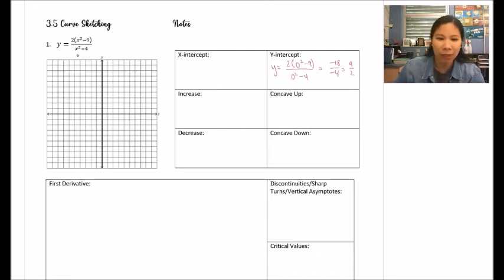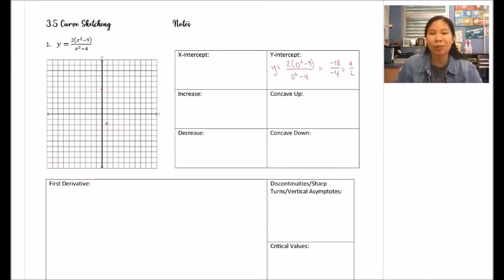So our graph is going to touch the y-axis at 9 over 2, which is 4.5. I'll put a point there first. Okay, so I know one of my points now.